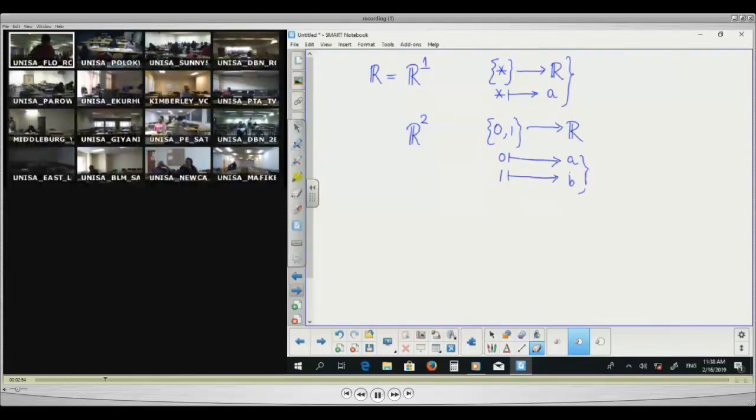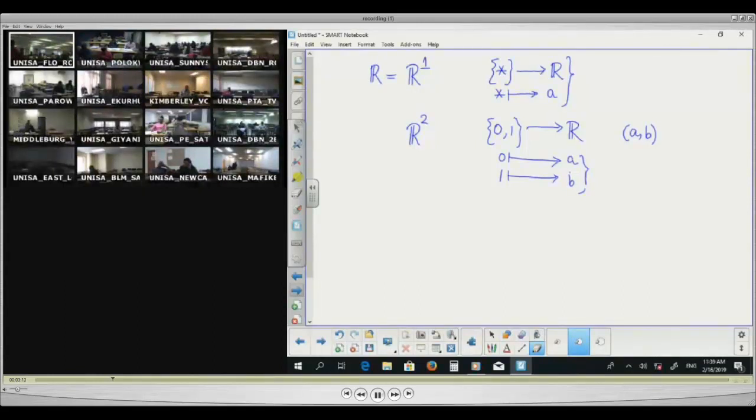So giving me an ordered pair of real numbers gives me a function from a two-valued set to R. The first coordinate is the image of 0.